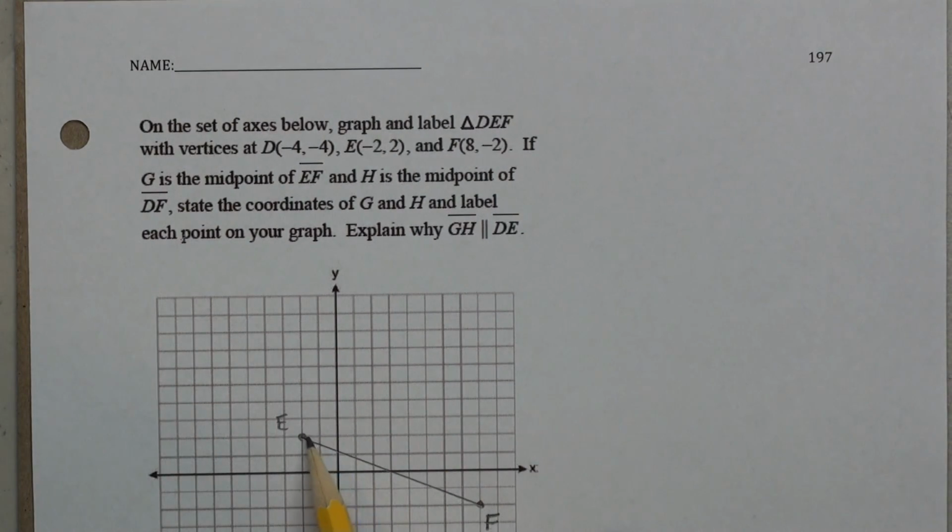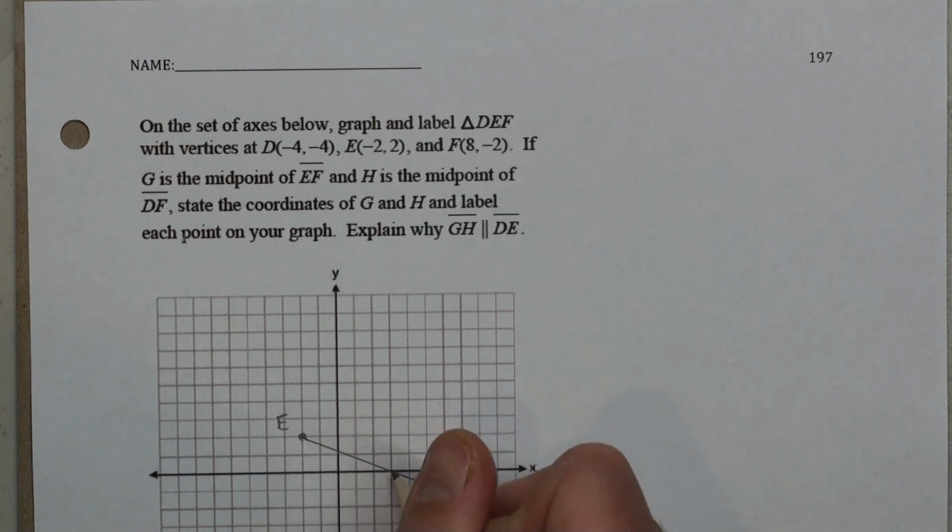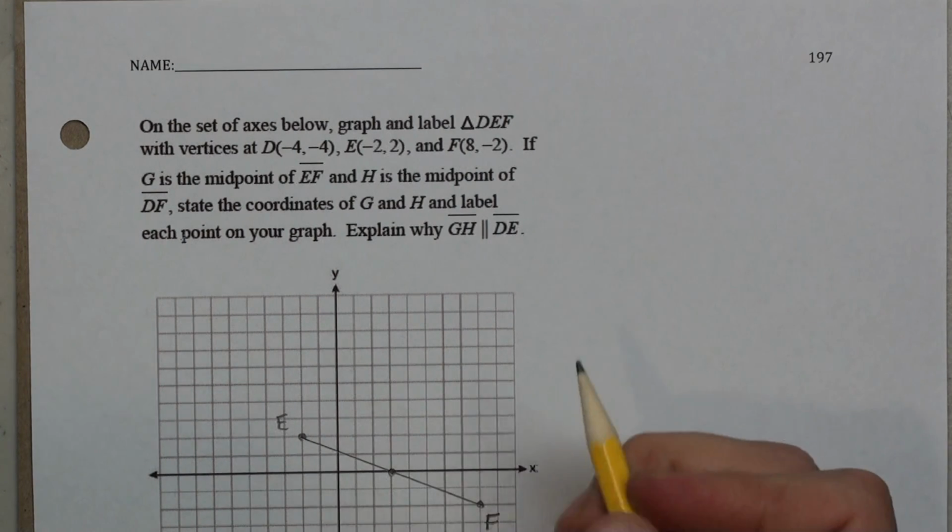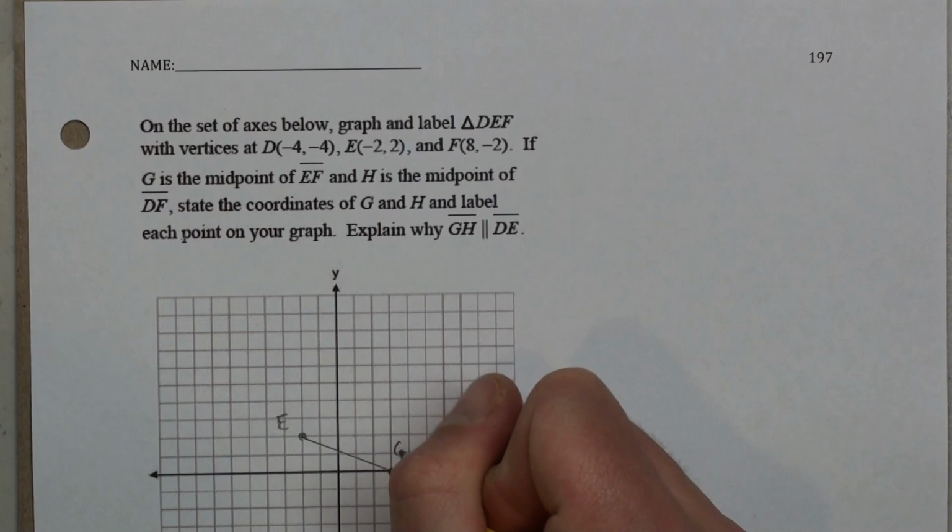G is the midpoint, so if I'm going 1, 2, 3, 4, 5, 6, 7, 8, 9, 10 to the right, and 4 down, instead I'll go 1, 2, 3, 4, 5 to the right, and 1, 2 down. So that is G.